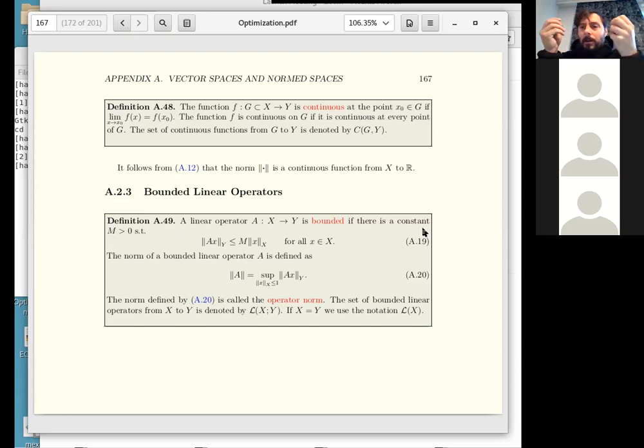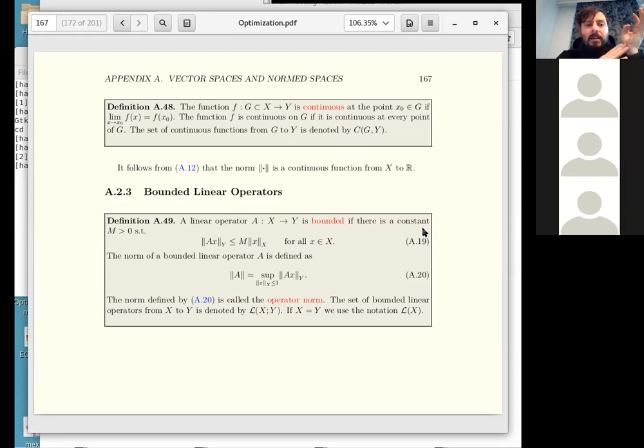Think in terms of matrices. Matrices are always bounded. There's no problem with matrices, but there are unbounded operators for more complicated spaces. But the normal garden variety matrices are always bounded. And because of this, the bounded linear operator has a norm.